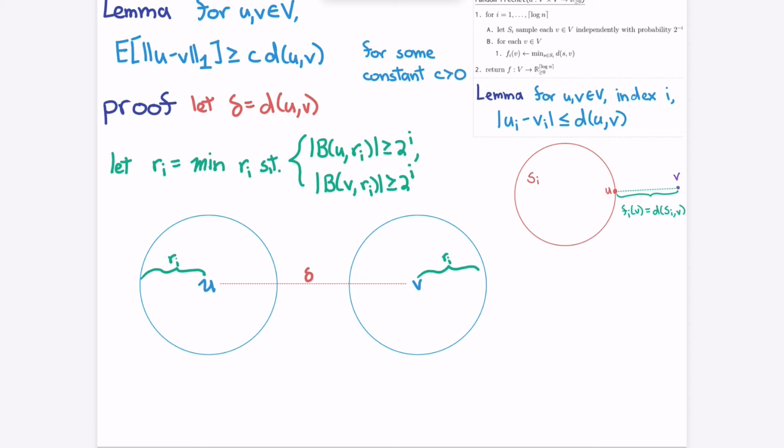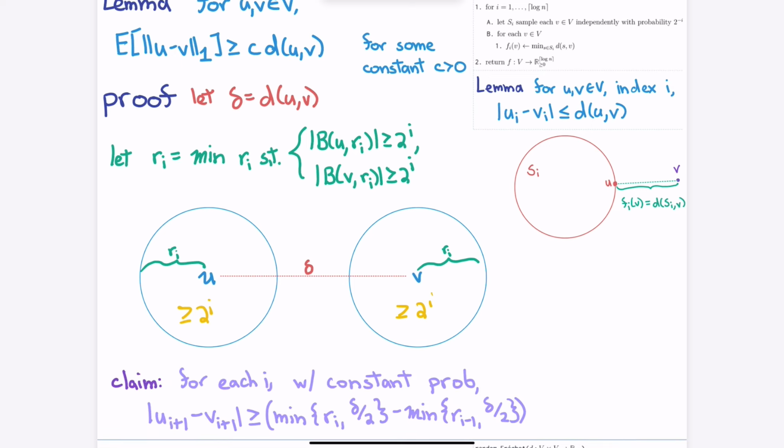So you're going to focus on these radii that are adaptively chosen to make sure that you have enough vertices in each ball. Somehow this is very important.